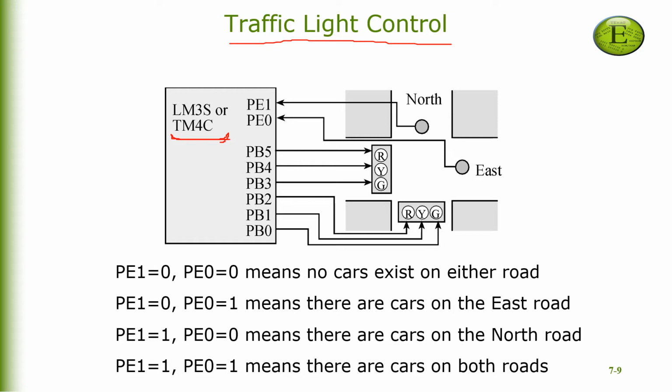There are two inputs, a 2-bit input to the microcontroller. Those are available at the first two pins, or the two least significant bits of port E. These inputs are coming from the sensors that are installed as part of the traffic light control system.